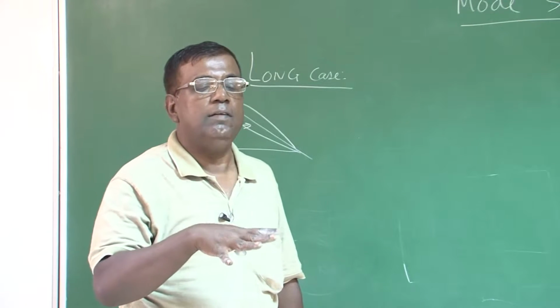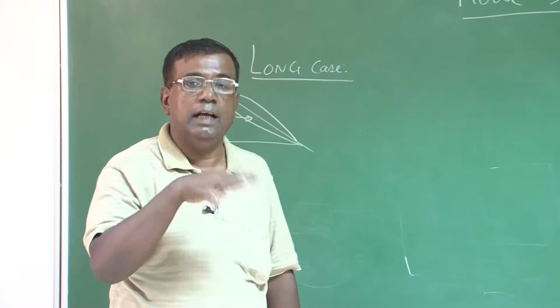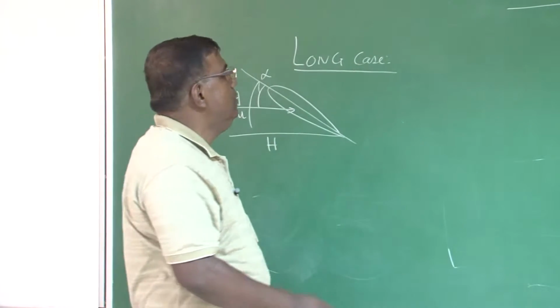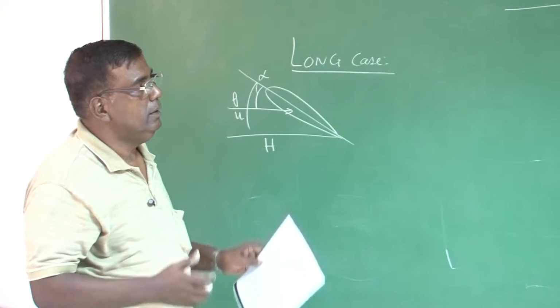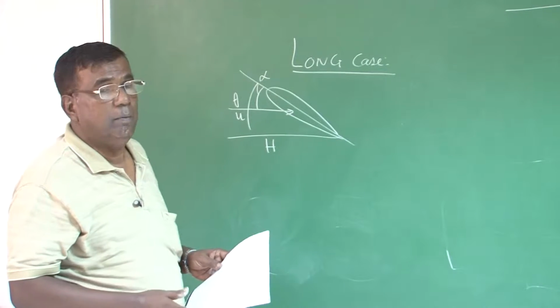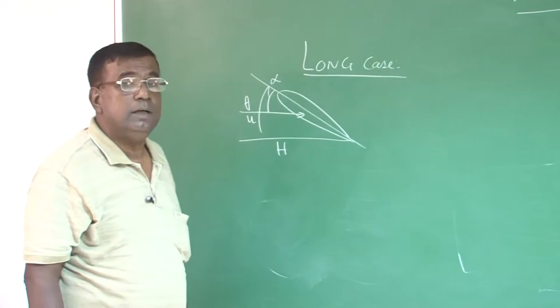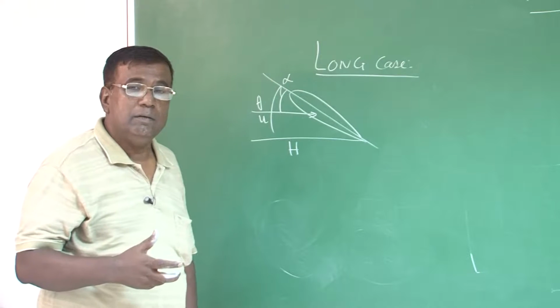That is, when alpha is increasing, theta is also increasing, or when alpha is increasing, theta is decreasing. So we say they are out of phase, right? So we need to extract that information from the dynamics, and that will help us in designing the control, okay? In a very restricted manner, but very useful manner.